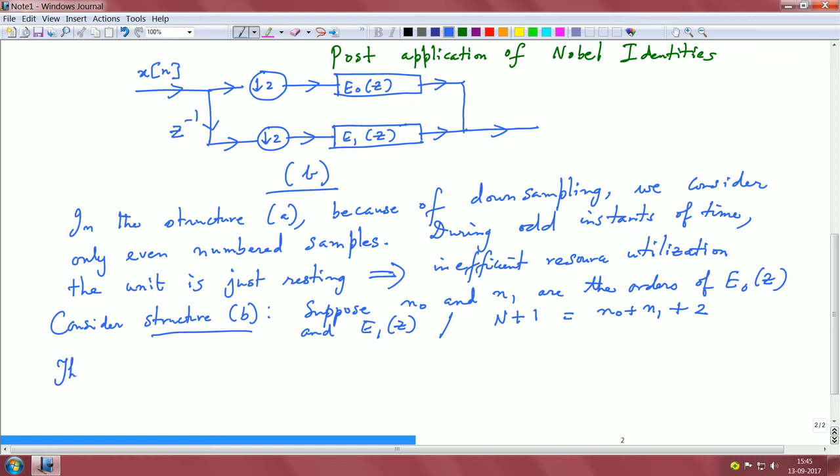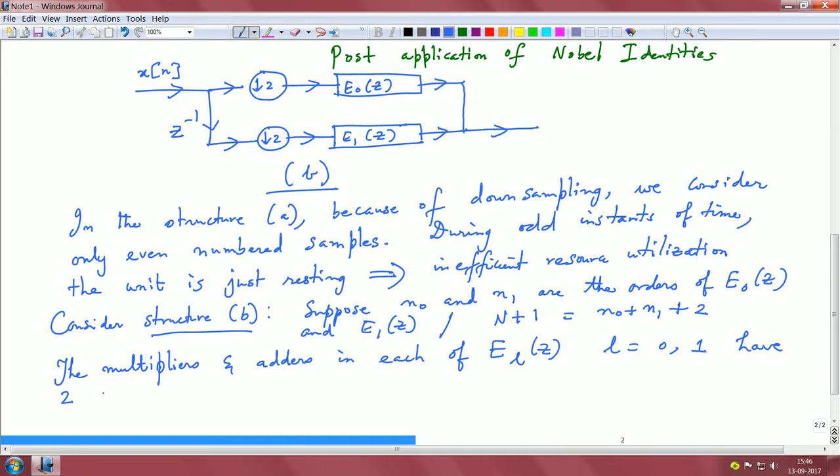Now the multipliers and adders in each of E L of z, so in this case L equals 0 and 1, have 2 units of time for doing their job, and they are continuously operative, that is, there is no resting time, which is important.